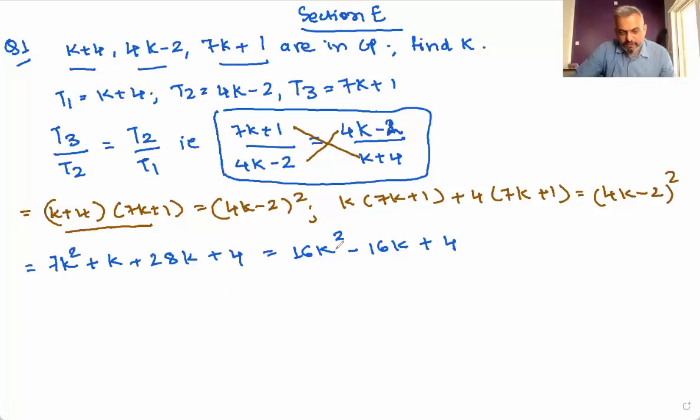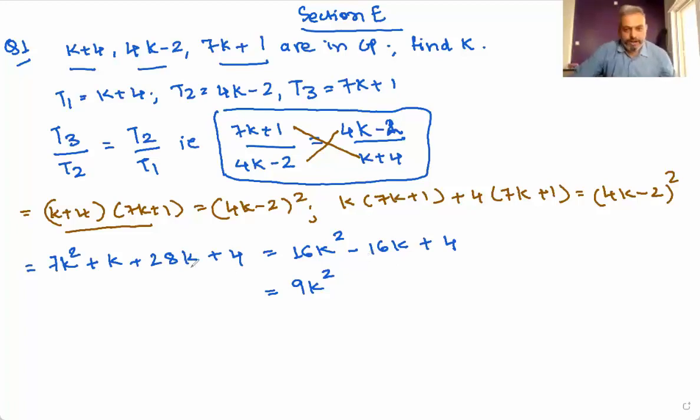Now over here 16k square is on the right hand side, greater than 7k square. So we take 7k square to this side, so it will become 16 minus 7 is 9k square. Then k plus 28k is 29k. And here there is minus 16k, so we take it to the same side.